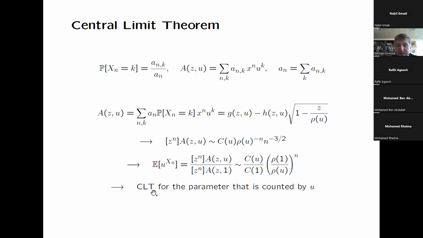So I call this a probability or a combinatorial central limit theorem, that from a combinatorial decomposition you get more or less automatically a central limit theorem.